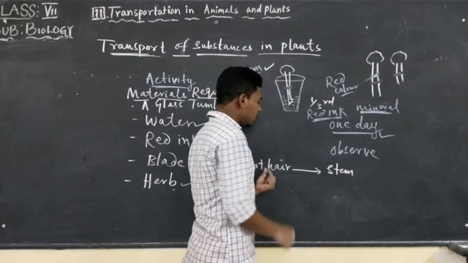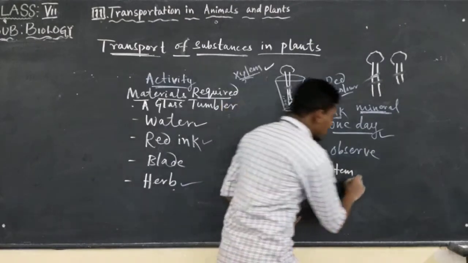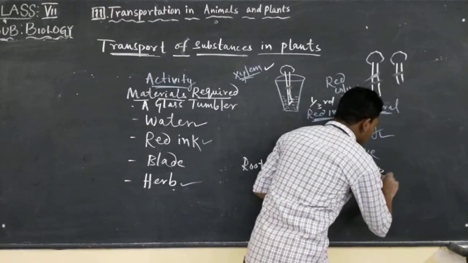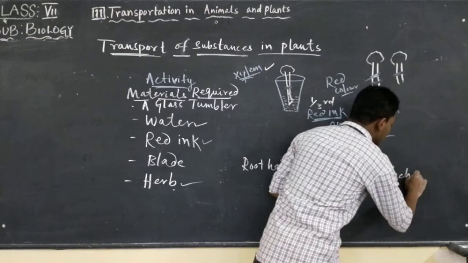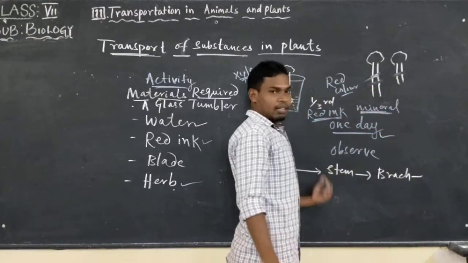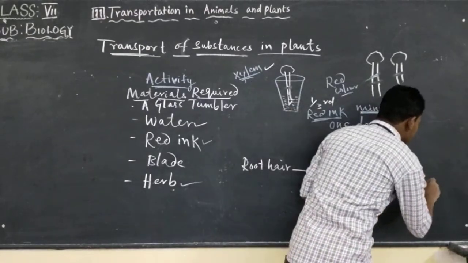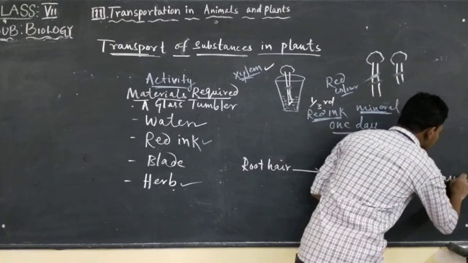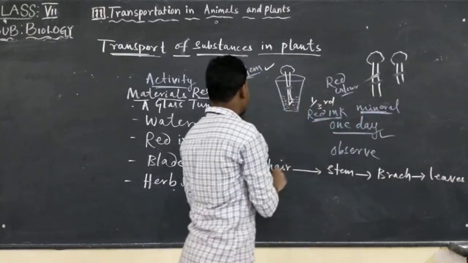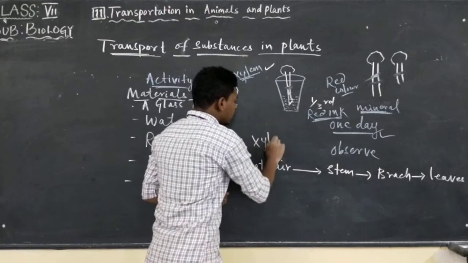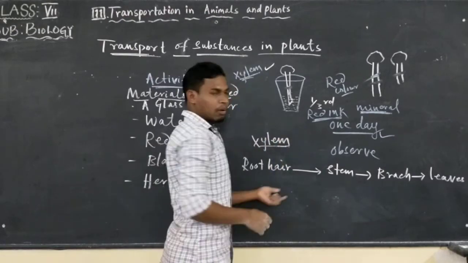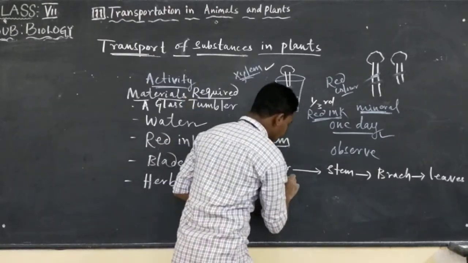Xylem tissue is continuous with the stem, even with the branches of the plant or tree, and finally it reaches the leaves. So this is unidirectional.